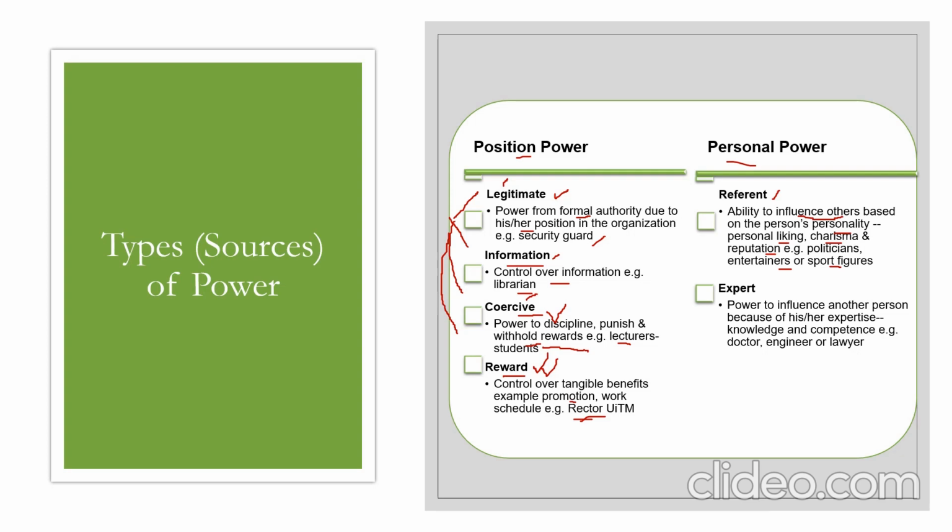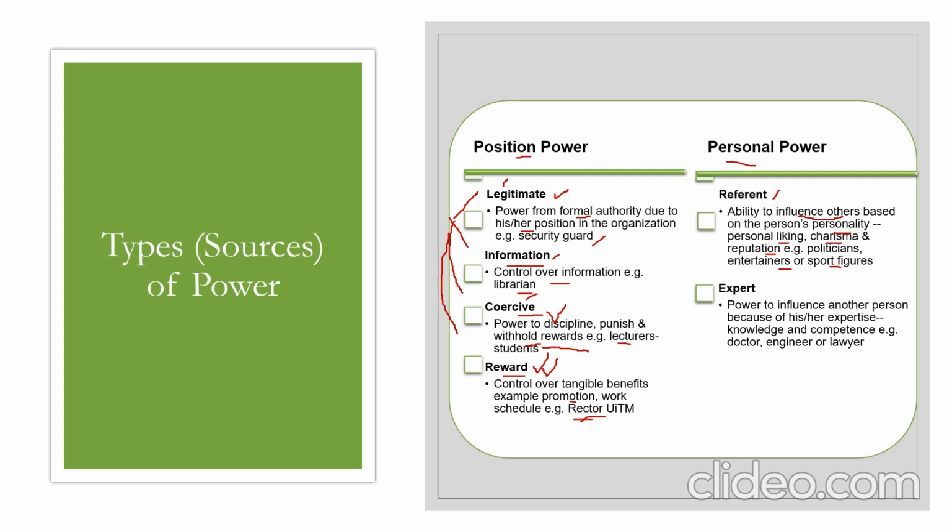Datuk Siti Nurhaliza, let's say, you are a big fan of this artist or this singer. Whatever things that are used or consumed by this singer, you will try to imitate, you will try to copy. So that singer is having a power which we call as a referent power. You refer to this person and you try to imitate and you try to copy this person.